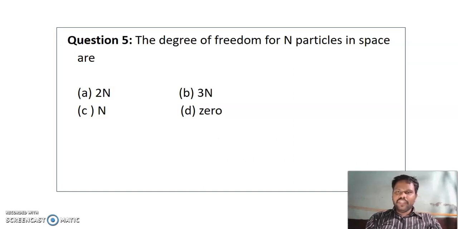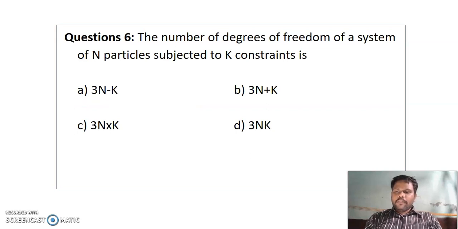Question number 5. The degrees of freedom for n particles in space are? The answer is 3n. Question number 6. The number of degrees of freedom of a system of n particles subjected to k constraints is? The answer is 3n minus k.